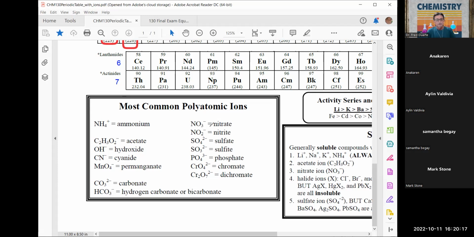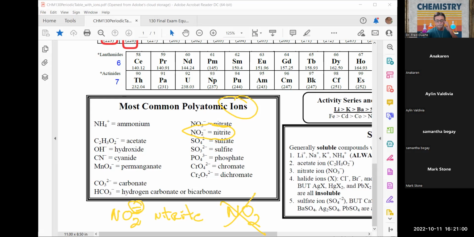For example, let's take the NO2 negative, which has the name nitrite, okay? Which is totally different from the covalent compound NO2, which is nitrogen dioxide, okay? So the fact that you've got a superscript negative charge tells you I'm working with ions and not the covalent compound, okay?